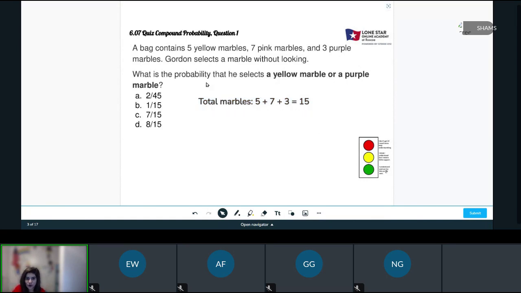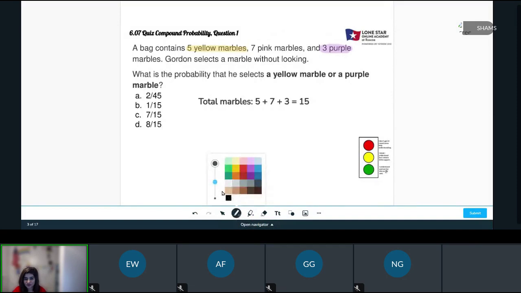Then the question says, what is the probability that he selects a yellow marble or a purple marble? These are the two favorable ones.